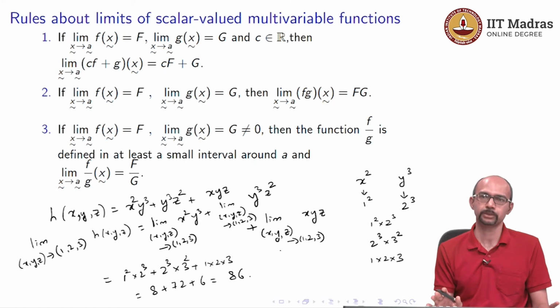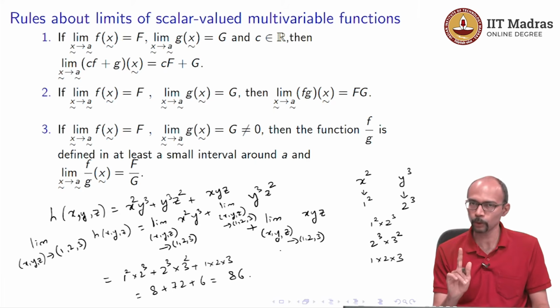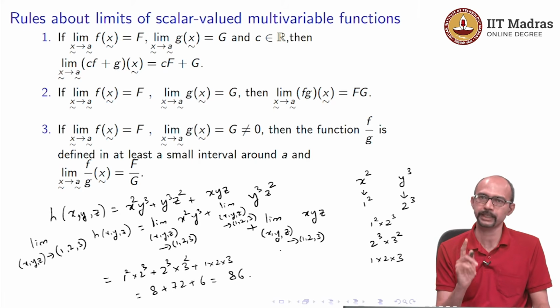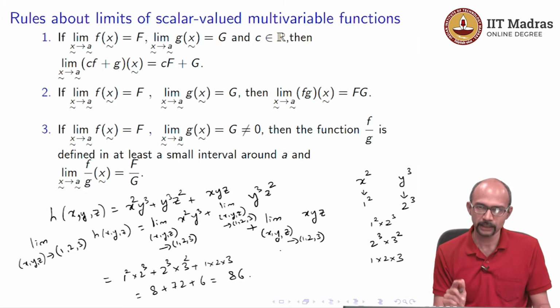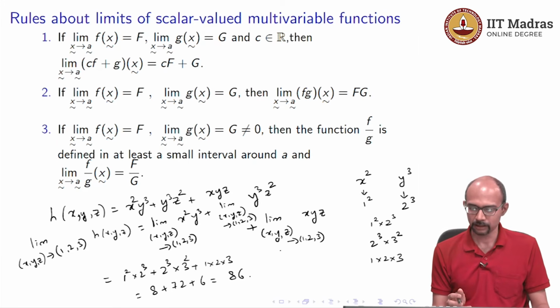In many places you can just substitute the values. Not always though. Remember, even in one variable calculus we had trouble with substitution, for example, in things like sin x by x. But I hope it is clear how these rules can be used. So, for polynomials, for example, it is very easy to find limits.